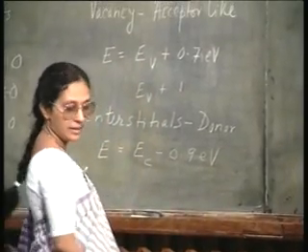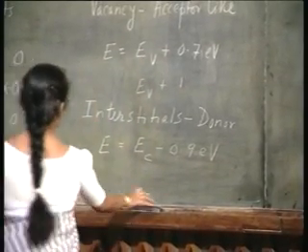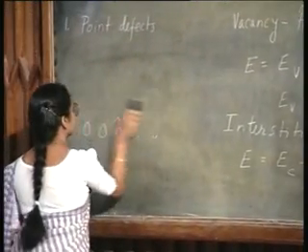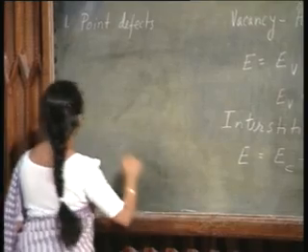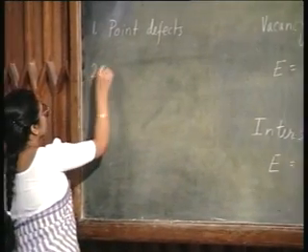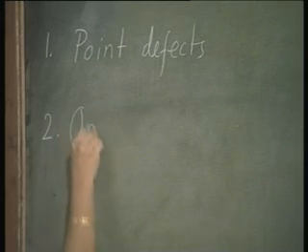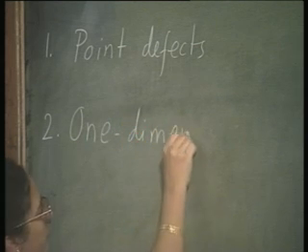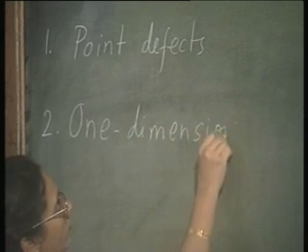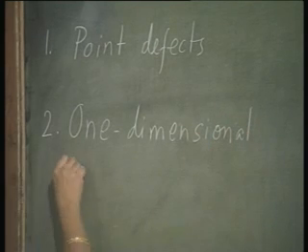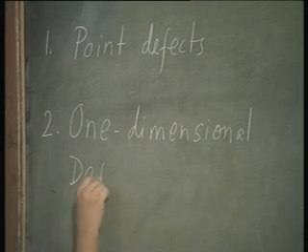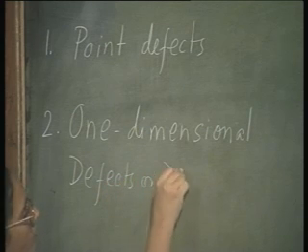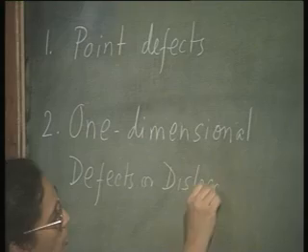Then, the second type of defects are called dislocations.